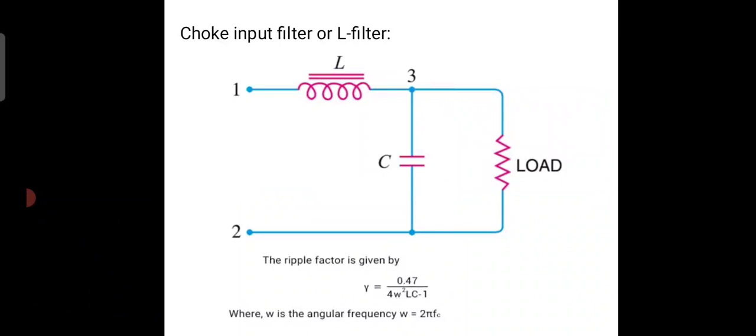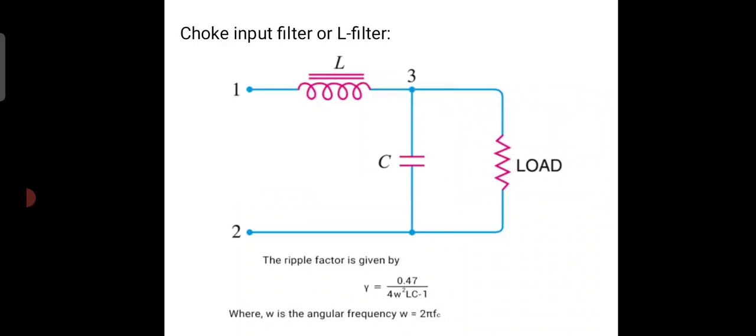Therefore, this results in the loss of AC component across the choke, while a complete DC will pass through the inductor, which means when an inductor opposes the AC signal and allows only DC signal, there will be a formation of DC signal at the point C. Then the remaining AC signal is going to be bypassed at the capacitor C.